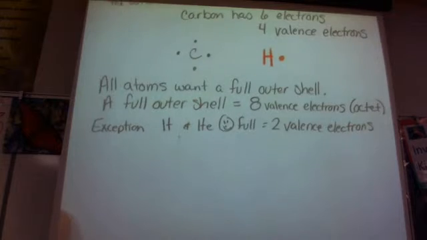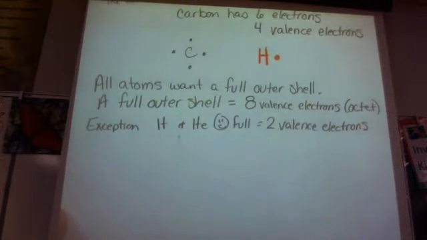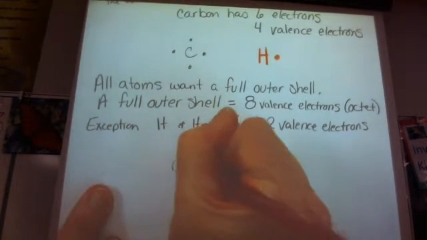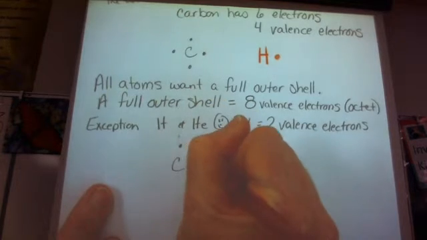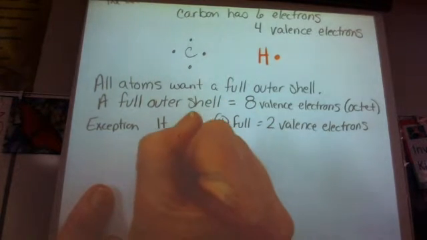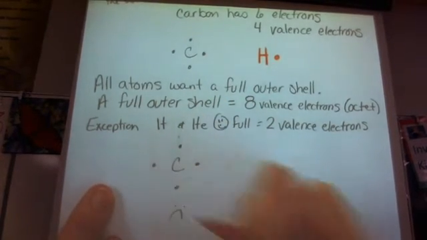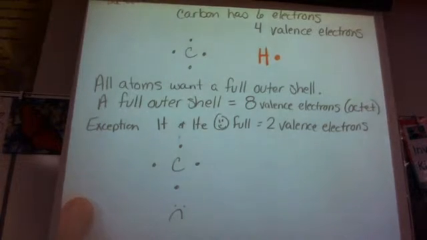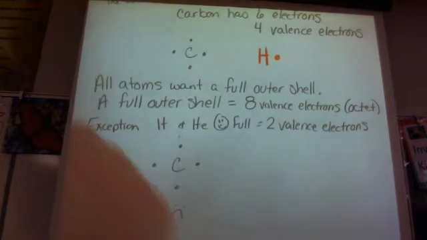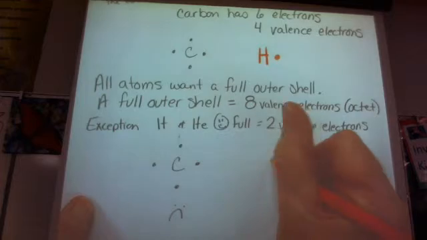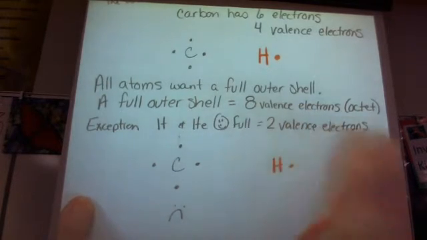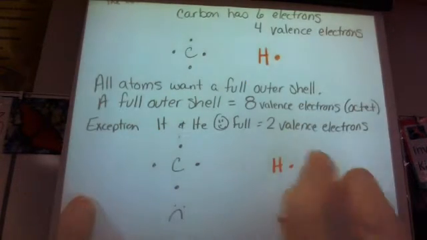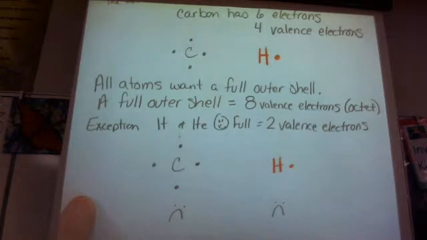So we're going to go ahead and show what happens here. So we have carbon. We draw its valence electrons. It's not happy. It needs 8. It only has 4. We're going to take hydrogen with its 1 valence electron. It's not happy. It wants 2.